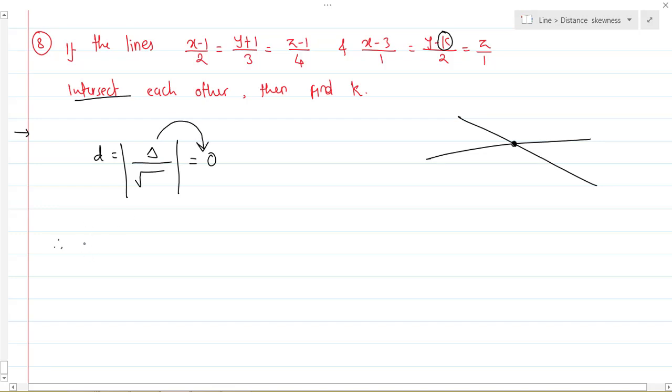So, as the lines are intersecting, my del is directly equal to 0. And what is del?